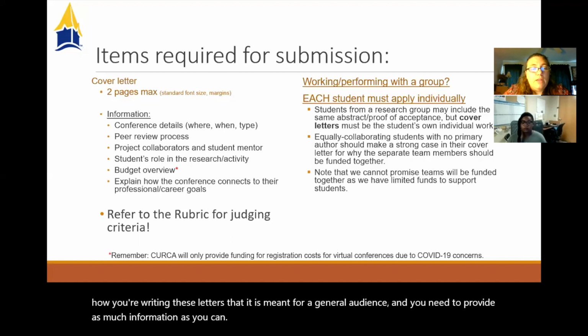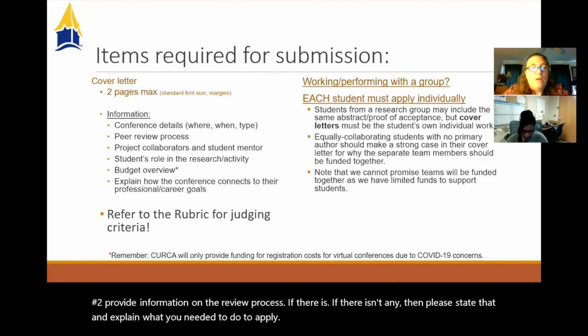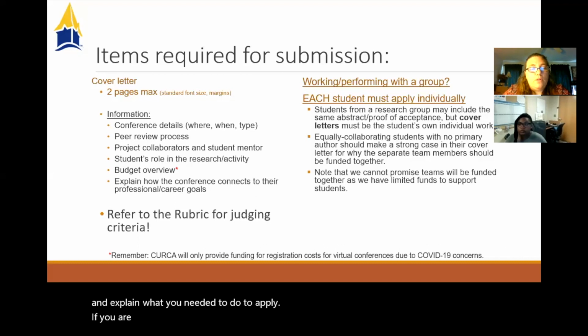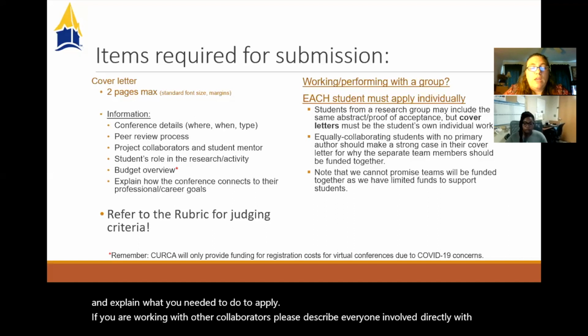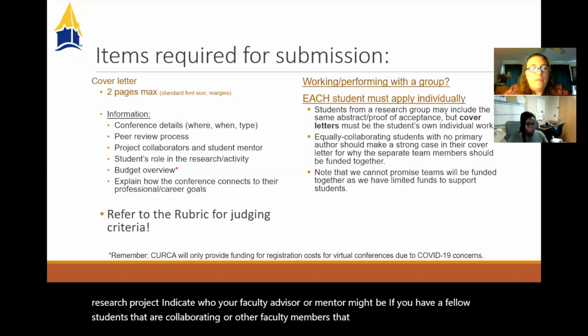Number 2, provide information on the review process if there is any. If there isn't any, then please state that and explain what you needed to do to apply. If you are working with other collaborators, please describe everyone involved directly with the research project, indicate who your faculty advisor or mentor might be, if you have fellow students that are collaborating or other faculty members that are collaborating.